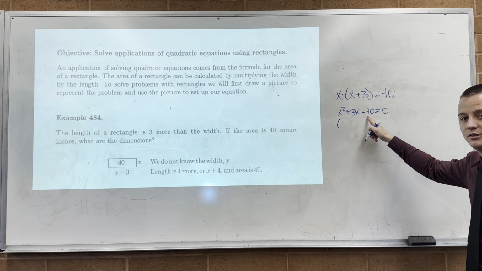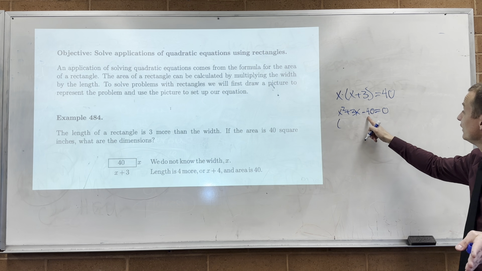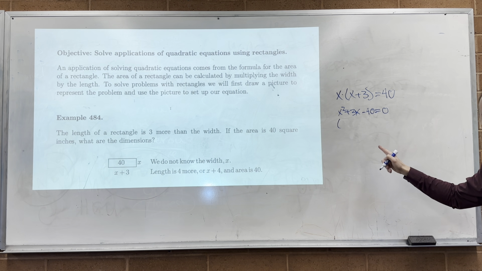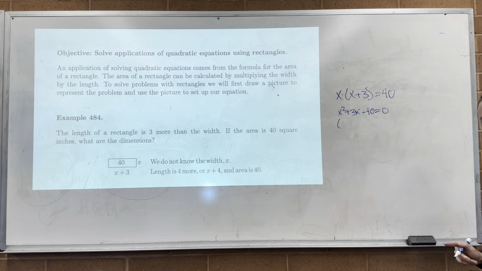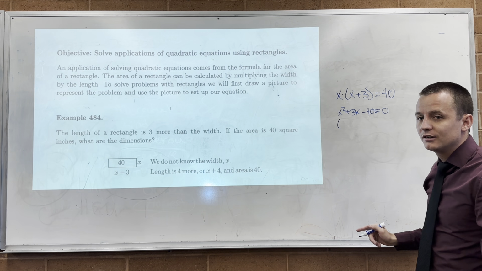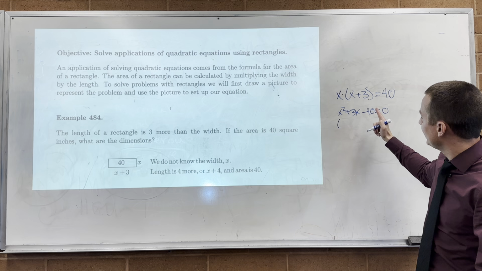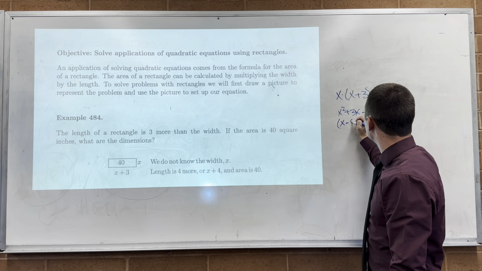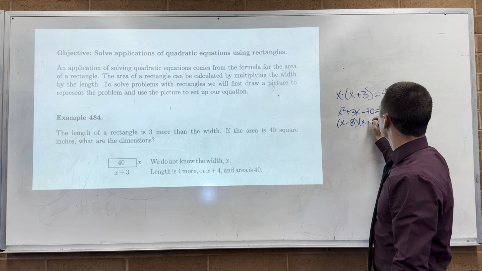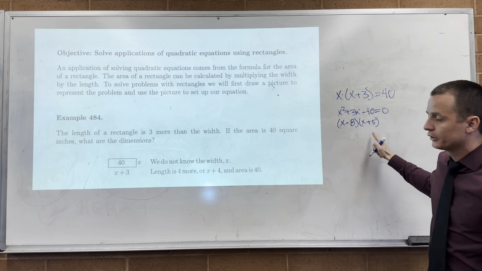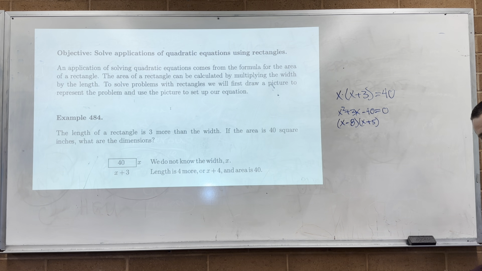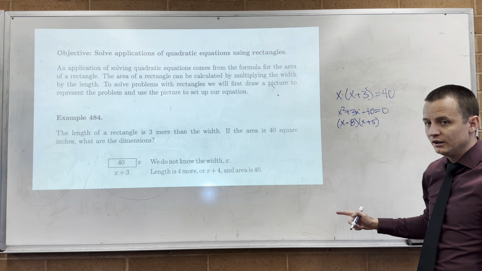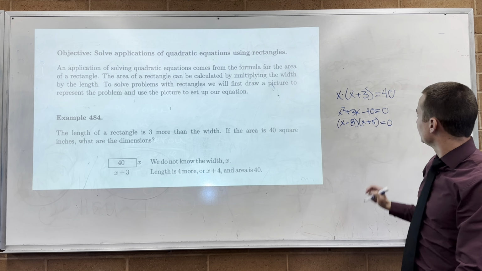What is 40? 5 and 7, so close. 5 and what? 5 and 8. And what's 8 minus 5? 3. So I'm going to use positive 8 and negative 5, and that's going to work. So it's going to be x minus 8, x plus 5. Again, we could have found those numbers just using the quadratic formula, but this one was an easy one to factor. So we need that equal to 0.